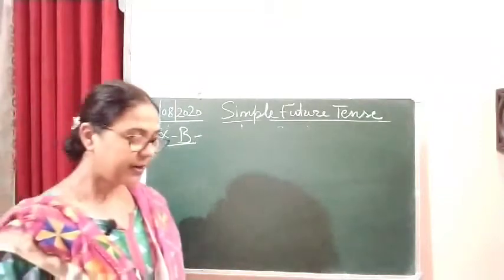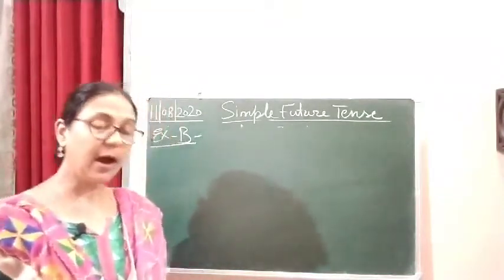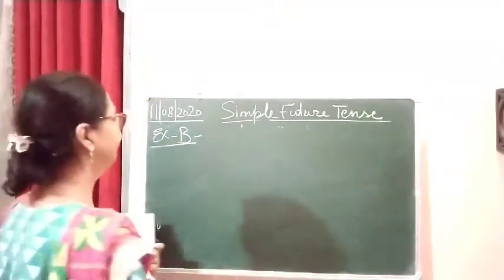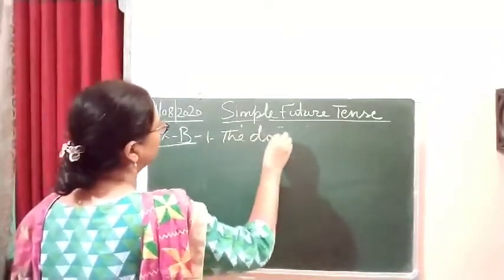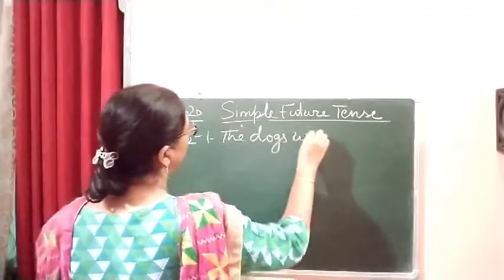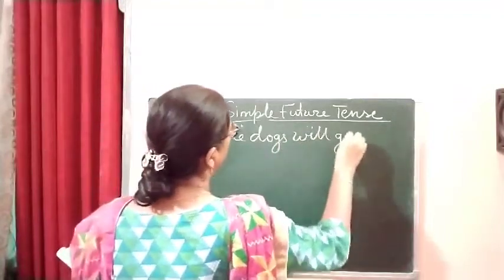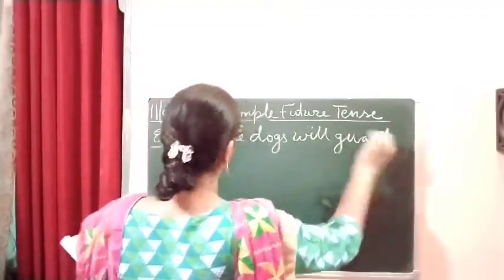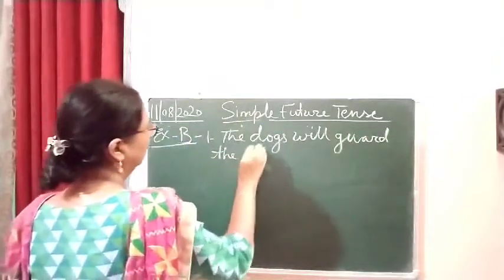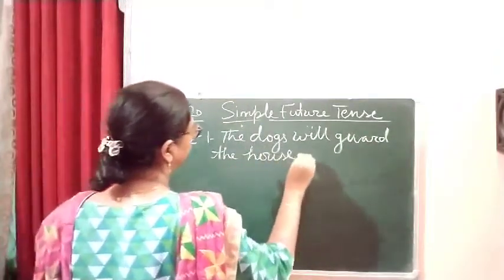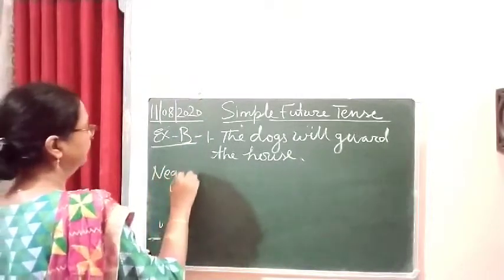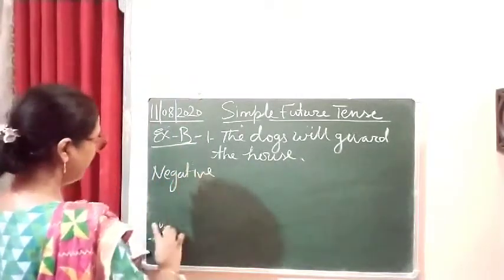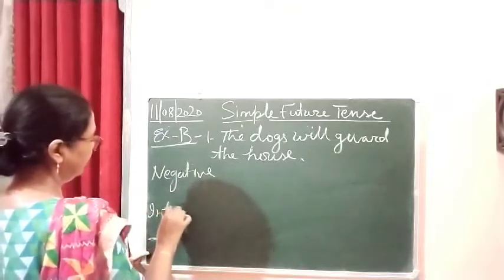First, the dogs will guard the house. First of all we have to make the negative and then the interrogative.